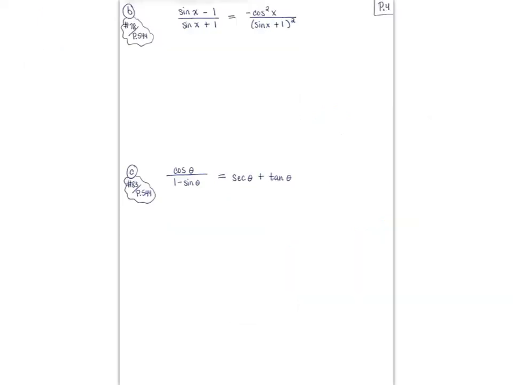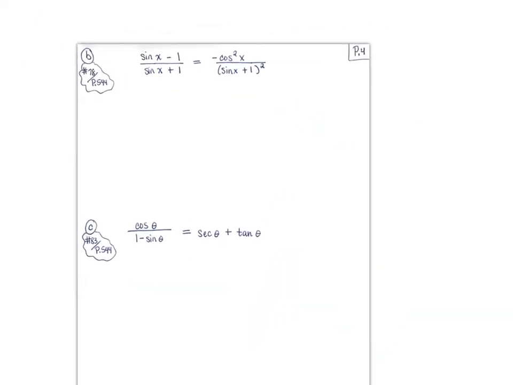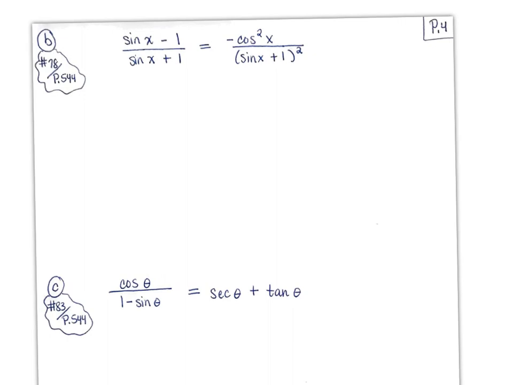The next example, we have sine x minus 1 divided by sine x plus 1 equals negative cosine squared x divided by sine x plus 1 quantity squared. This minus 1 is not on the inside of the x. So you can think of sine x as one thing minus 1.